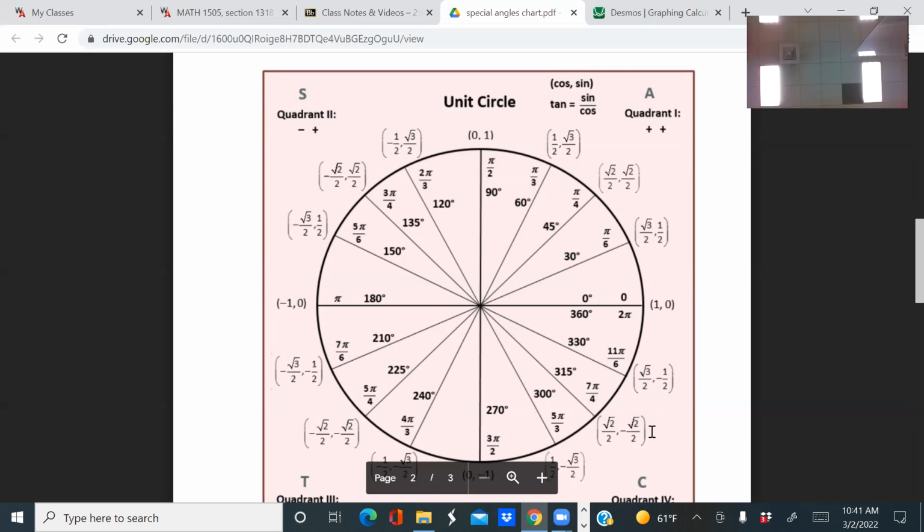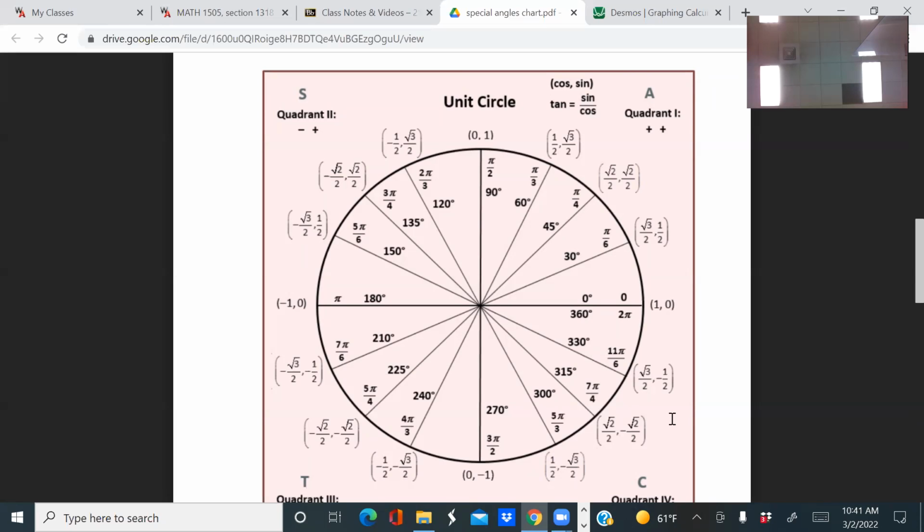That's a 45-degree line. So they must both be what? They can't be 1/2 and square root of 3 over 2, so yes, square root of 2 over 2 and square root of 2 over 2.